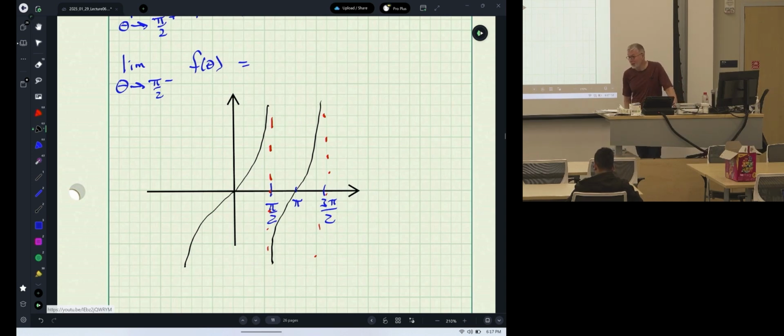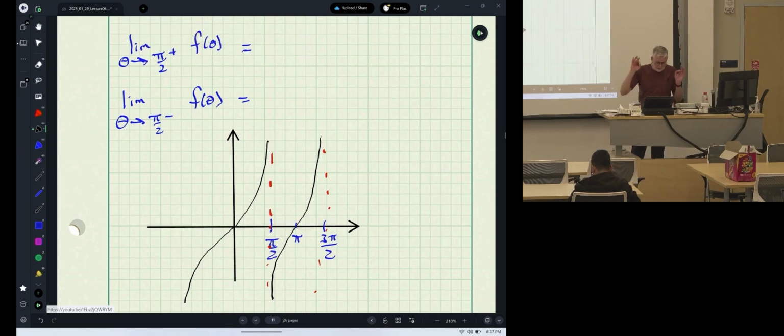Much easier with the graph, isn't it? Okay? So when you get these tricky problems, just make a sketch. So we're almost done. If we approach from the left, where is tangent headed to? Plus infinity. And if we approach it from the right, it's headed to minus infinity.